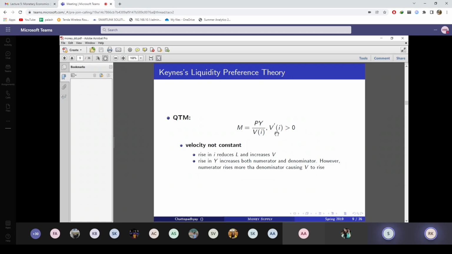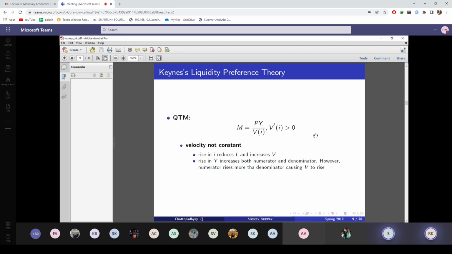The next development of this money demand function is that people started thinking about how to get V prime I positive. If I simply check the liquidity preference theory and the quantity theory of money, the liquidity preference theory of Keynes comes directly from the quantity theory of money, by assuming that the quantity theory is a classical long-run theory.